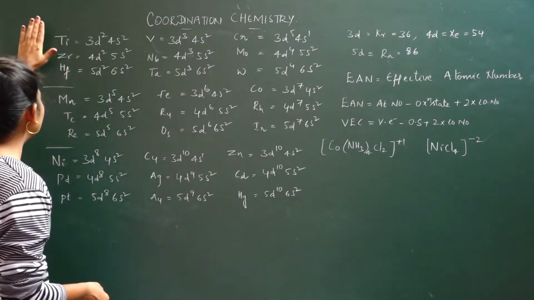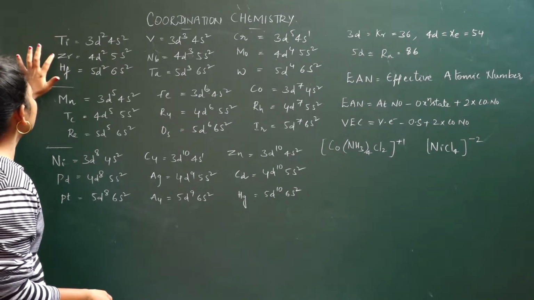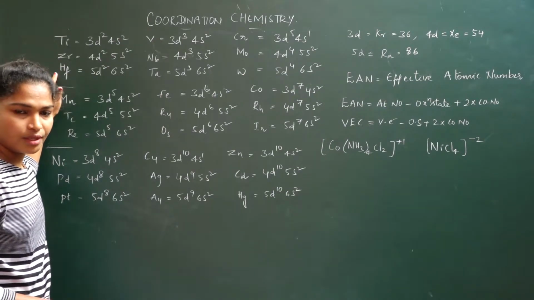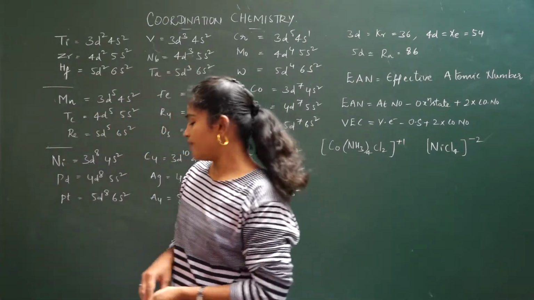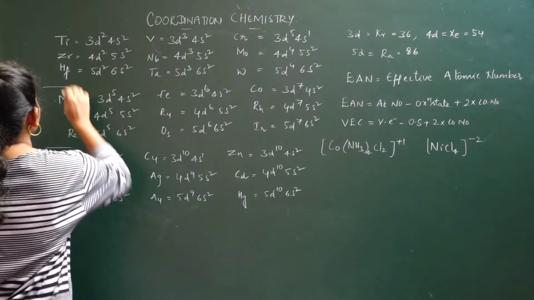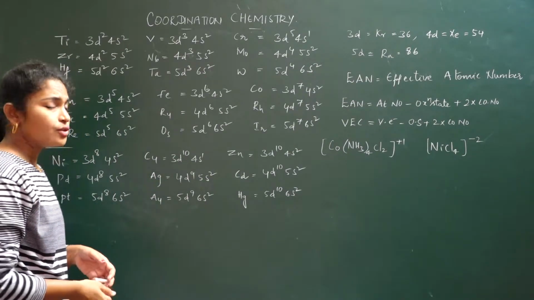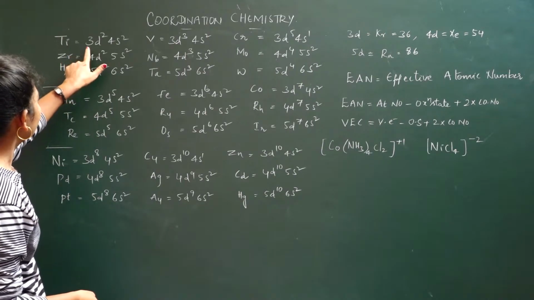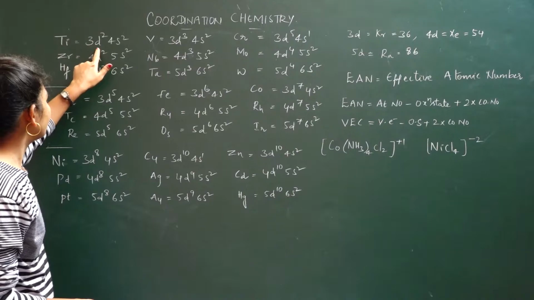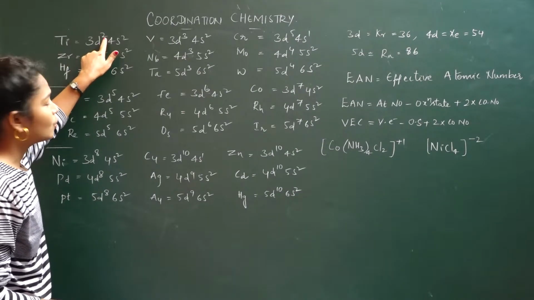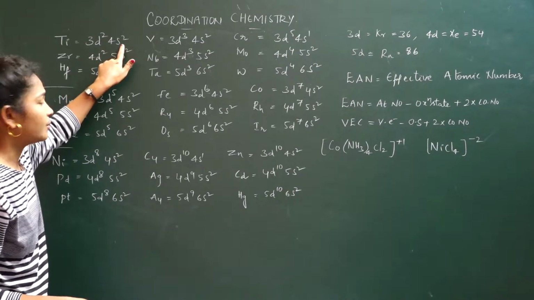Suppose you start with titanium, zirconium, hafnium, in a group from top to down. First, what is the atomic number of titanium? 22, right? That means in the d shell we will have 2 electrons: d2 and 4s2.